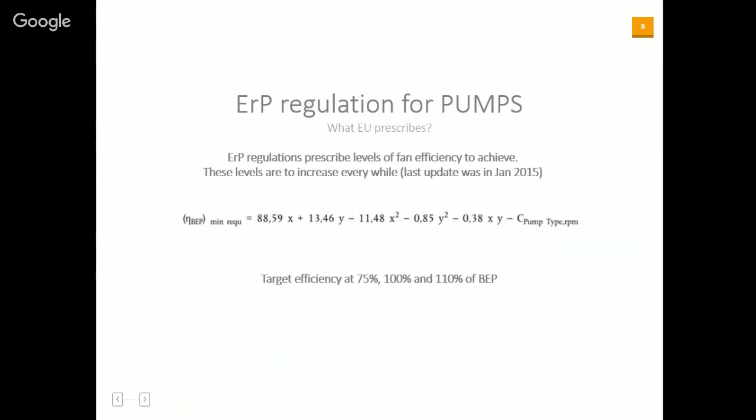In this way, we don't define just a single point. This regulation defines, let's say, a small curve, and the efficiency calculated from the experiments on our product must be above this limit.